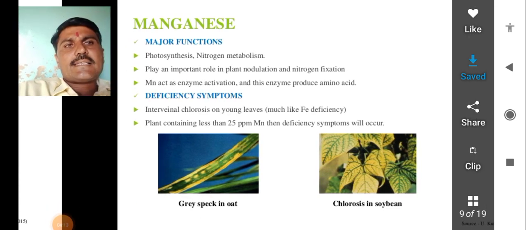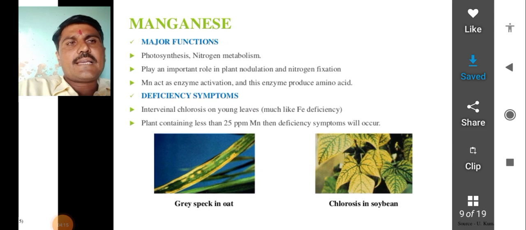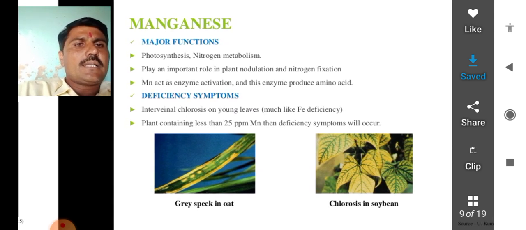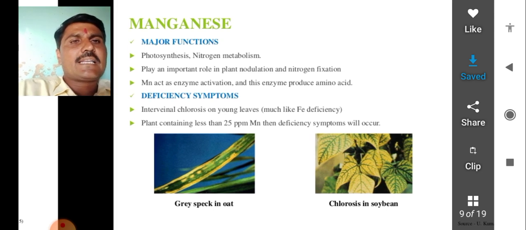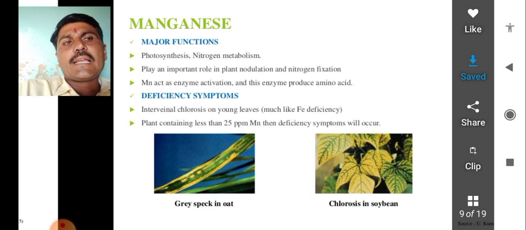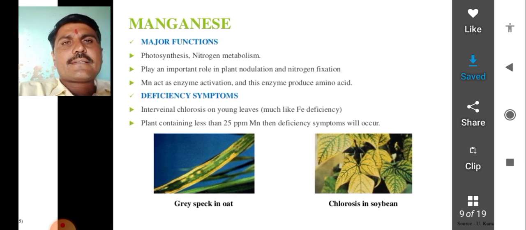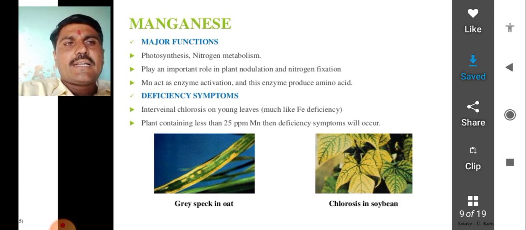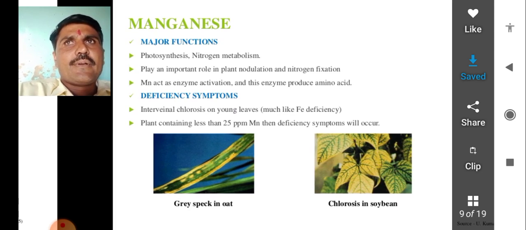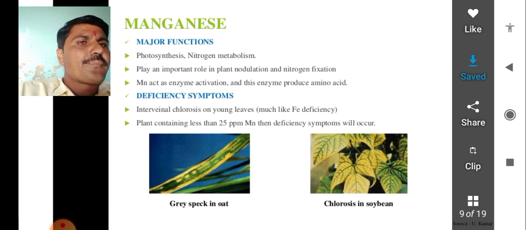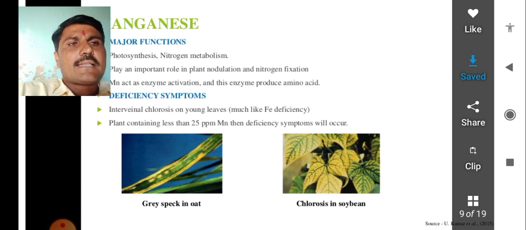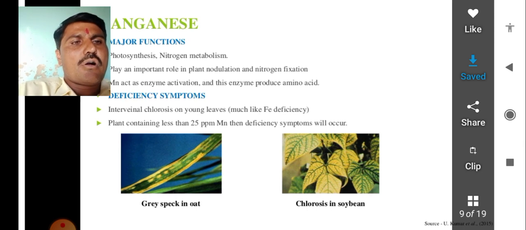Manganese acts as an enzyme activator, and this enzyme produces the amino acids. In case of the deficiency of manganese, we do see interveinal chlorosis on young leaves, and these symptoms are similar to iron deficiency too. If the plant contains less than 25 ppm manganese, then deficiency will occur.